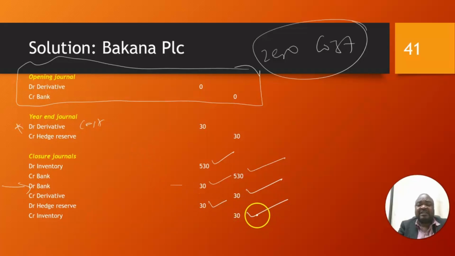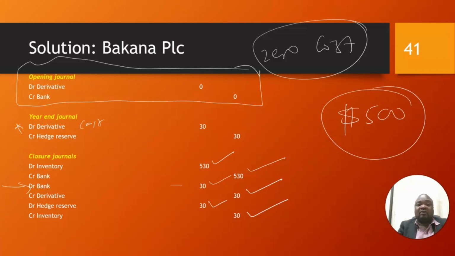If we are crediting the inventory, this simply means that the resultant inventory will be 500. So the hedging would have protected us because we were anticipating the cost to be 500. However, because we feared that prices might change, we entered into a bet by entering into a perfect hedge instrument, which was 30 million.